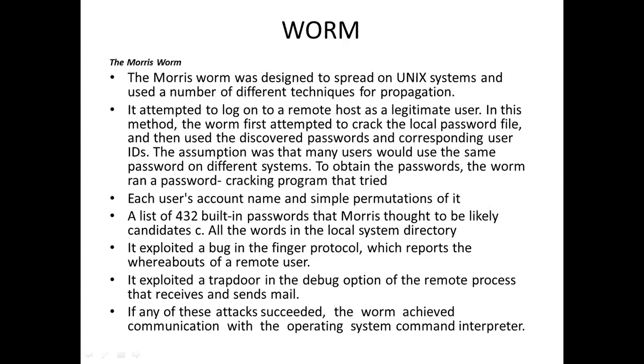It was an earlier one, from long before. The worm tries to crack the password. It will discover all the passwords and then take the corresponding ID. That is the first thing it does. Then it will make permutations of it, and the same worm will start to multiply.